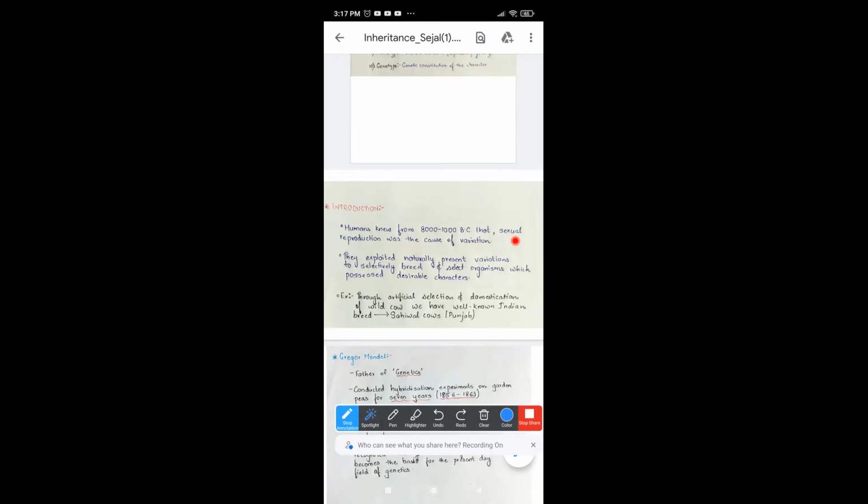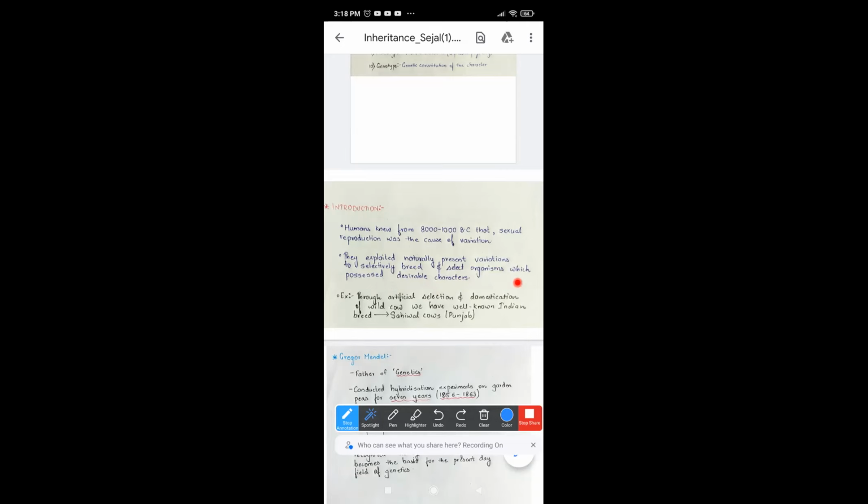As two individuals come together, of course, two different genes come together to give rise to the genes of the offspring. Hence, as the two may not be identical, it causes variation. They exploited naturally present variation to selectively breed and select organisms which possess desirable characters.